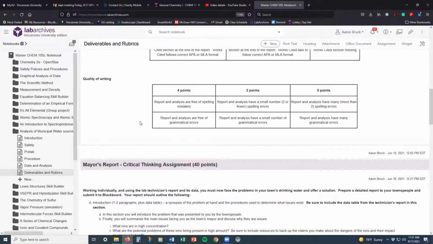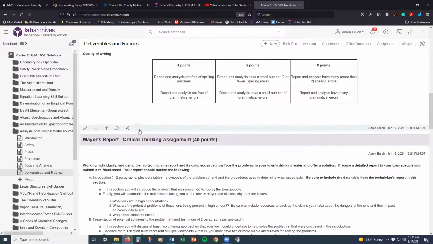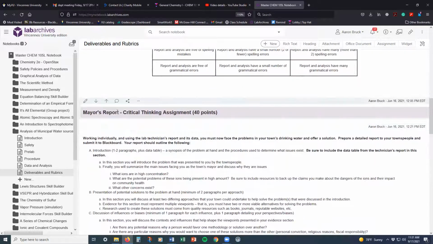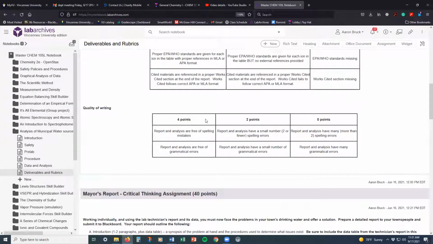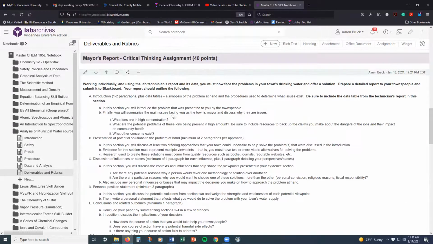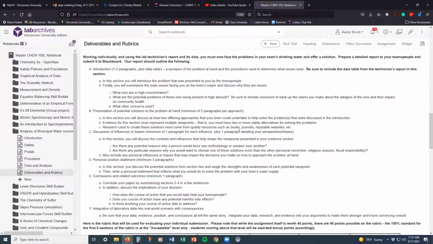The second assignment, the quote unquote bigger assignment here, is something that we call the mayor's report. Now that you have the technician's report written, you know what is wrong with the water. You know what the potential issues are that are going to be caused by the water being the way that it is. Now you have to get into writing about how you're going to fix it. And so the mayor's report has 5 different sections.